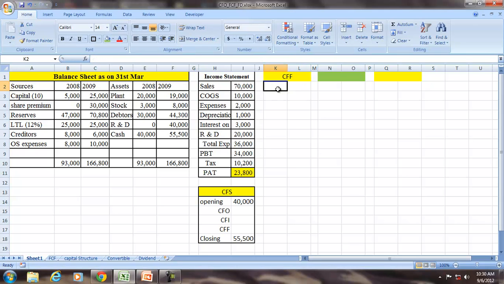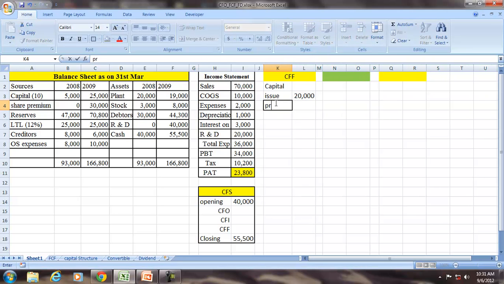So we can see the capital has increased. So issue of capital happened here because 25,000 minus 5,000, a change of 20,000, and that too it is issued at a premium because there was no premium in the opening, but there is a premium at the closing.